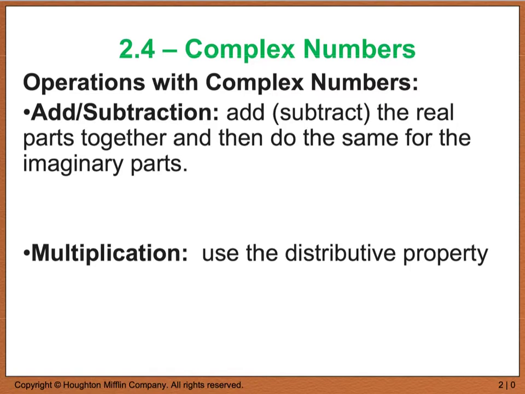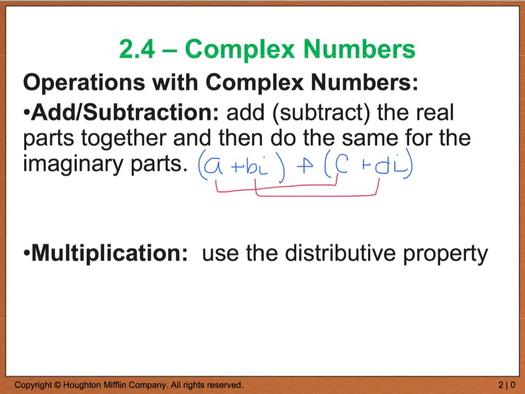Now we can perform operations with complex numbers. If we're looking at addition or subtraction, let's say we have a plus bi and we want to add that to, or subtract it, it doesn't matter, c plus di, we're going to add the like parts. We add the real parts together, and then we add the imaginary pieces together.